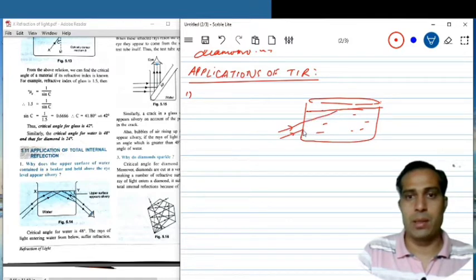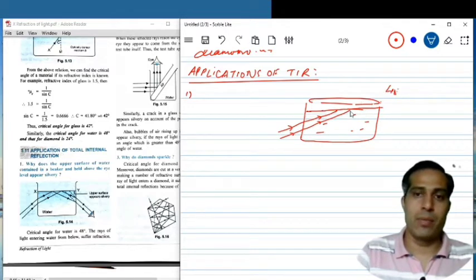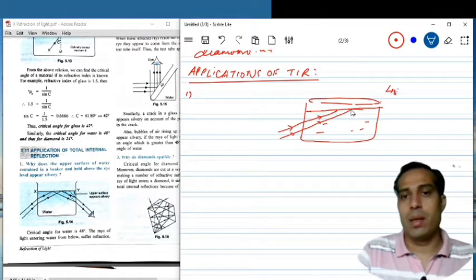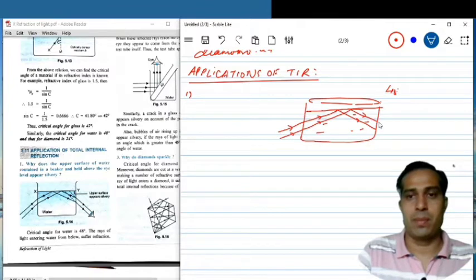It will bend like this at this surface, and the critical angle for water that we know is 48 degree. So at a certain angle, if it falls here, then it gets reflected back. It will not refract, but it will get reflected back into the water.